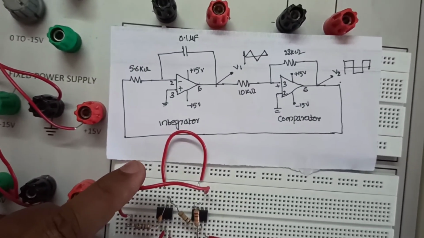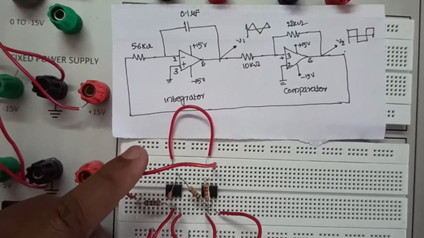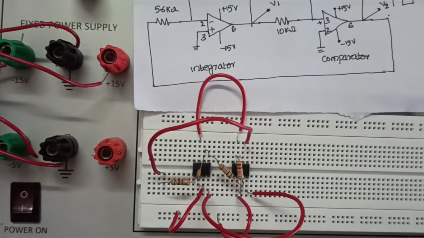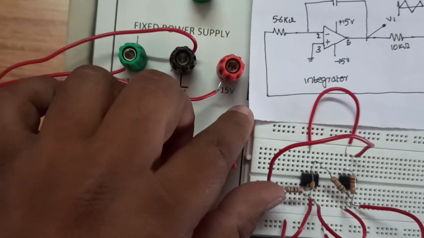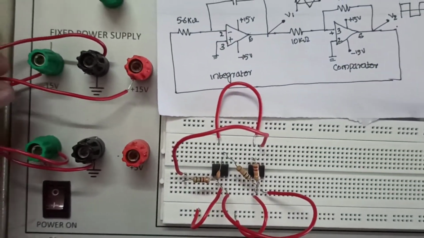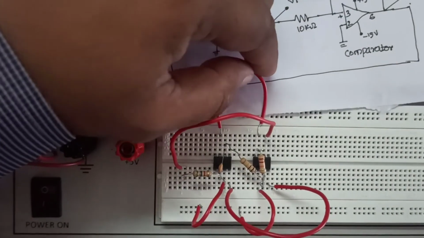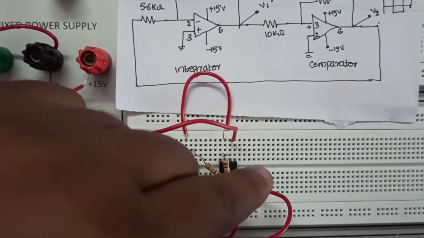Now we have to give supply voltages of plus or minus 15 volts to each stage amplifier. As you see, this trainer kit has plus 15 and minus 15 volt sources. I have shorted the pin 7 terminals, which are plus VCC, in both stages of op amps.